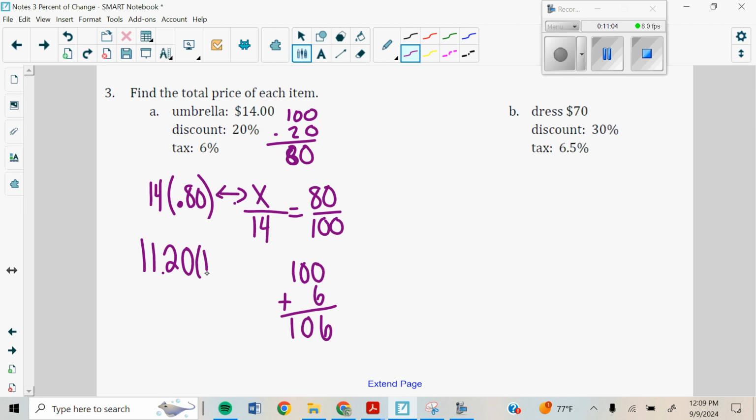So I'm going to times by 1.06. That's 106% as a decimal. That tells me that I end up paying $11.872. When we're dealing with money, though, remember, we're going to go to 2 decimal places. If that 2 was higher than a 5, I would want to increase that. But because it's just a 2, we're going to end it there.